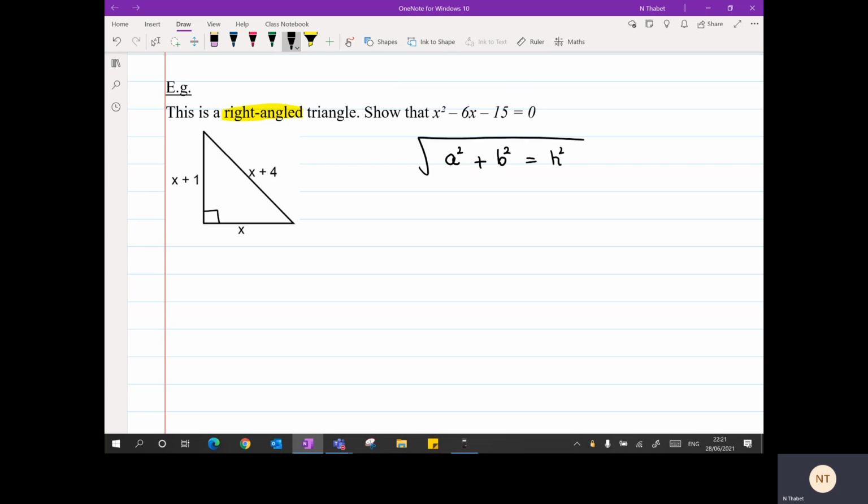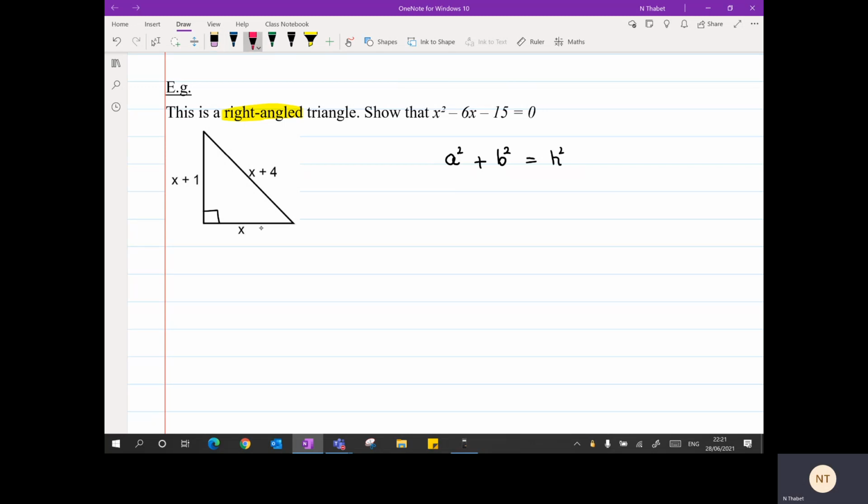And you don't need the square root, because the square root is only used at the end when there are numerical values. But this is the formula for Pythagoras, and this is what you use without the square root, because you don't have any numerical values, it's all algebraic.